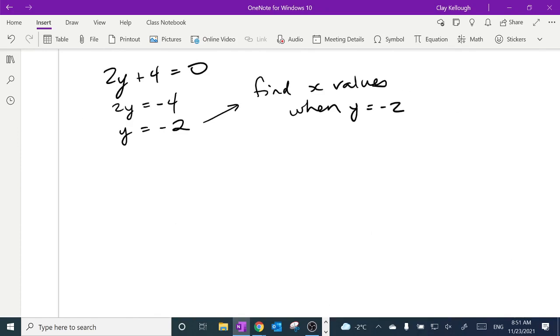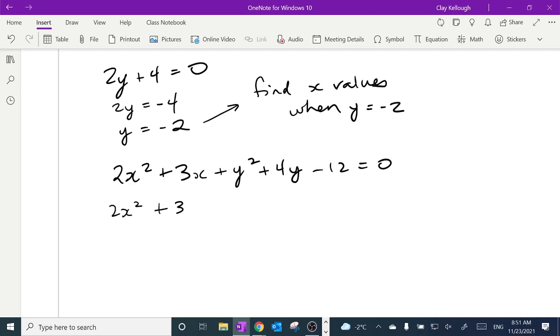I go back to the original equation, which was 2x squared plus 3x plus y squared plus 4y minus 12 equals 0. I probably should have done this one first because it's easier. You don't have to deal with a fraction. So what's x when y is negative 2?